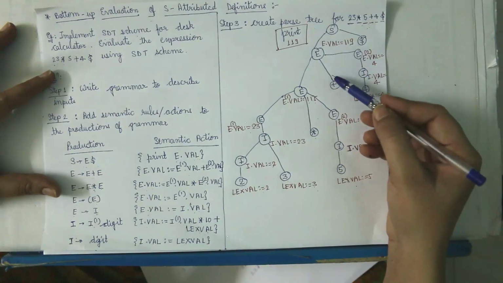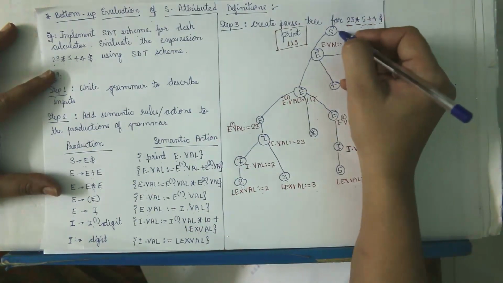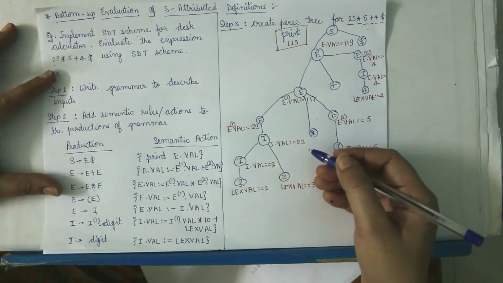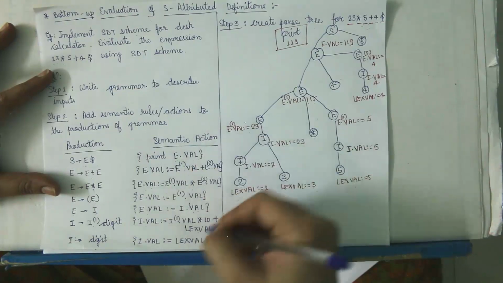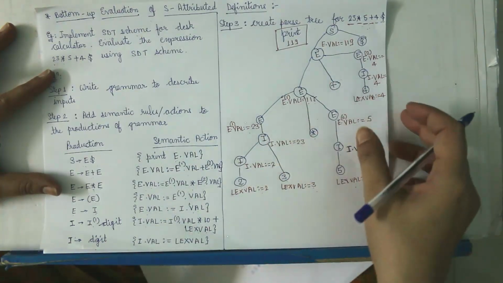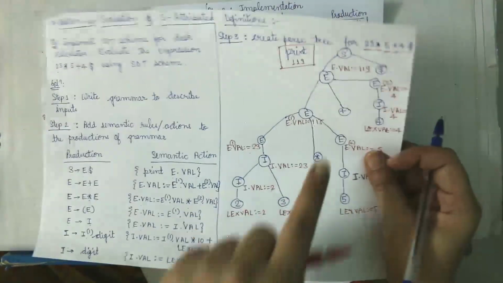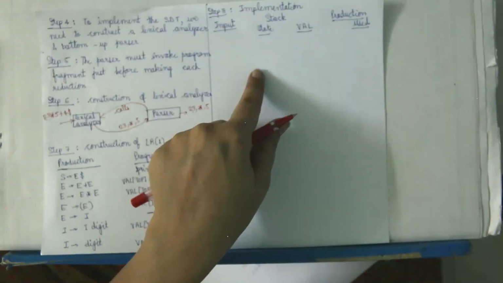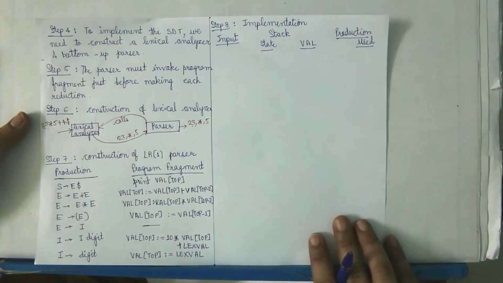But if you want the compiler to do this, meaning the computer has to create this parse tree for us, we have to be more specific while writing the actions. So we will not be writing actions like this for implementation; we will be writing actions in the form of a program fragment, and instead of drawing the parse tree, we will be implementing it with the help of a stack. So let's try to understand this.